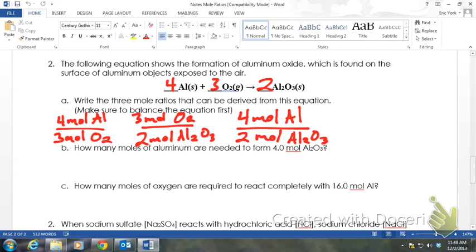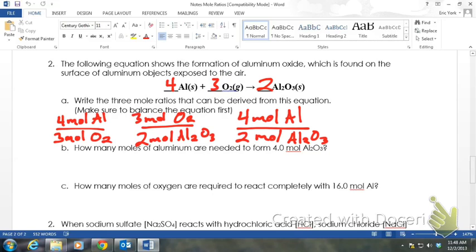So when you're doing the conversion factors, you have to make sure that you're comparing each substance to the other one in that equation. So we first compared this one and this one. Then we compared this one and this one. And then the last one was comparing this one and this one. So we got 3 different conversion factors out of that.